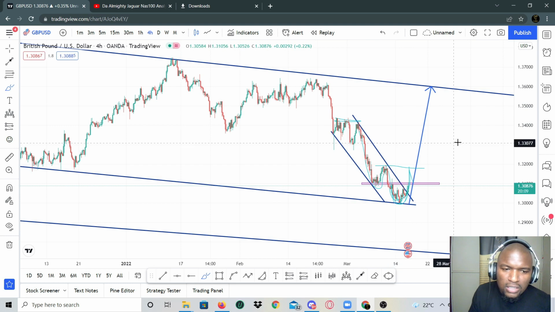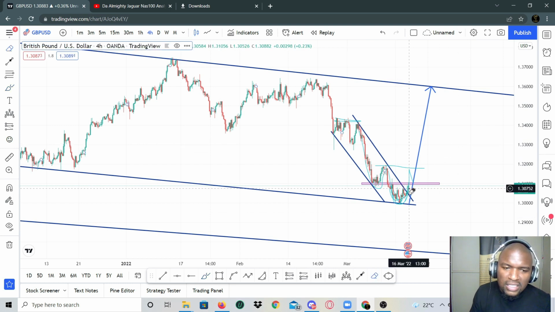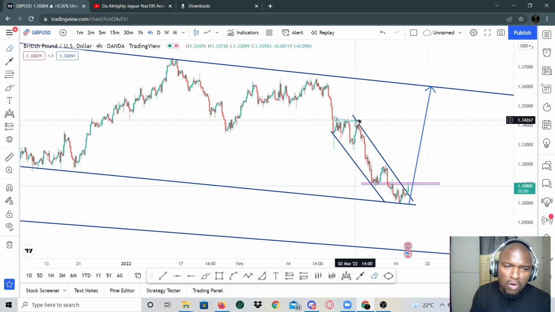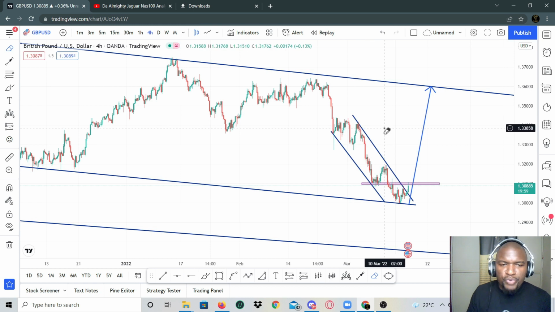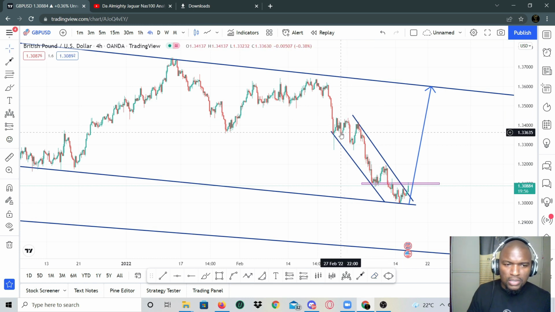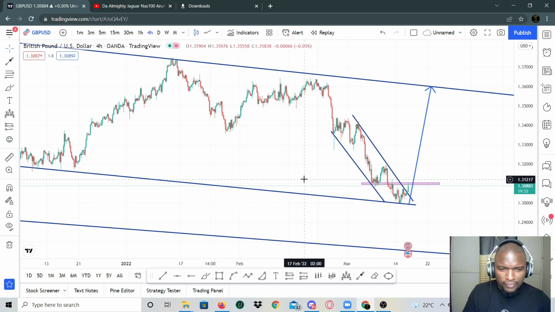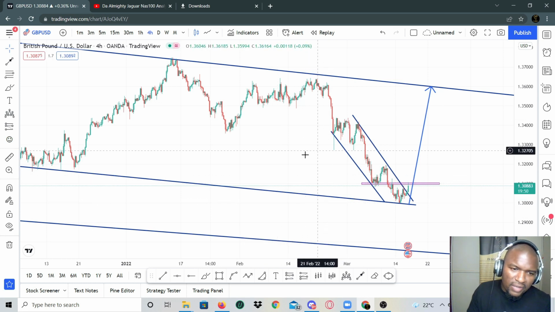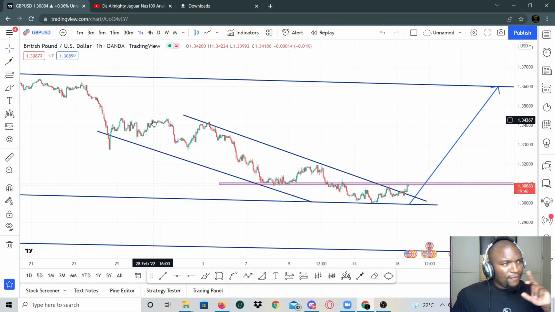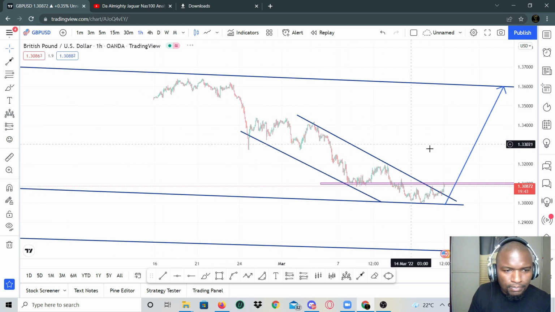This is one of the confirmations that in the coming days, GU will experience more bullish pressure, because GBPUSD is oversold.